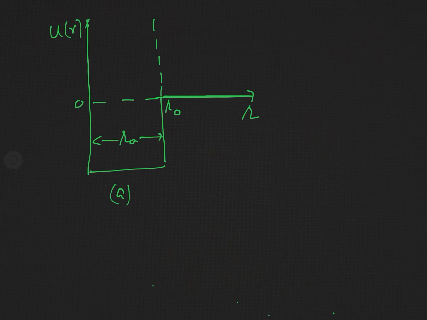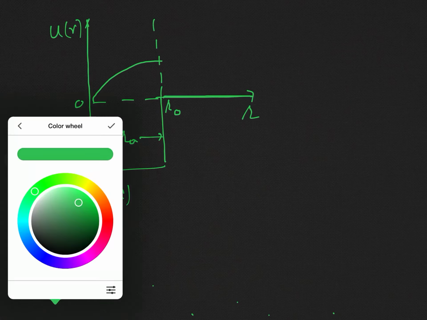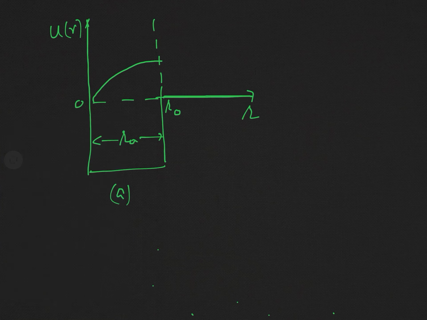So in this figure A, when we take the value of the scattering length positive, the graphical plot will be like this, and outside of this r naught the graphical plot will be a straight line.